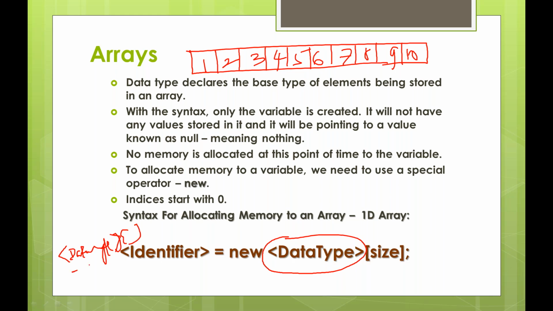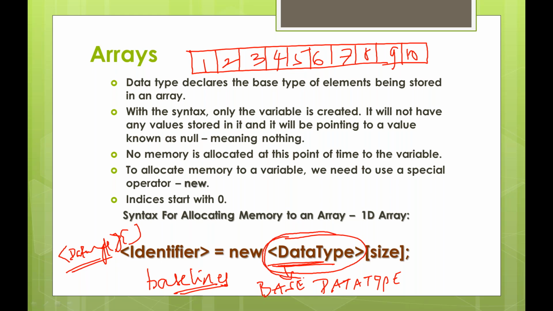This is the data type, also called the base data type. This is the one which tells what kind of data you can store in a particular array, identified by our identifier.